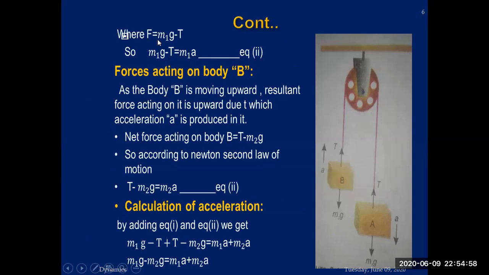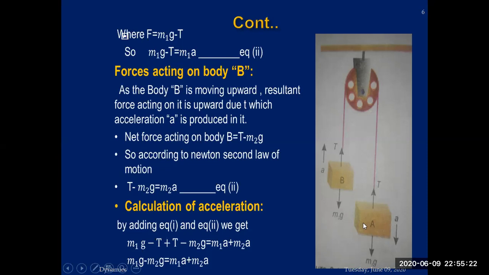There is another logic. If one force is increasing, the other one is decreasing. Of course, if the body is moving in downward direction, weight is more than the tension. The one which is more is taken as positive. The one which is less is always taken negative. The one which decreases is taken with a negative sign. So you see that m1g minus T is the force acting.